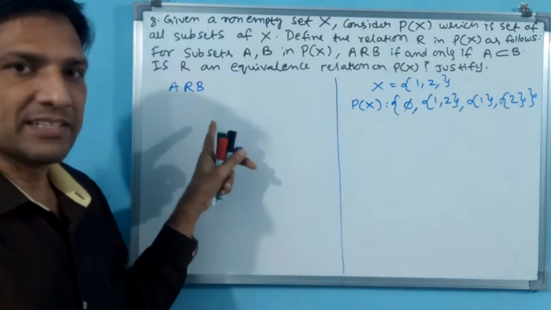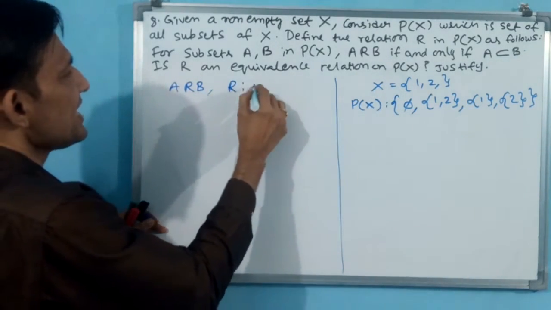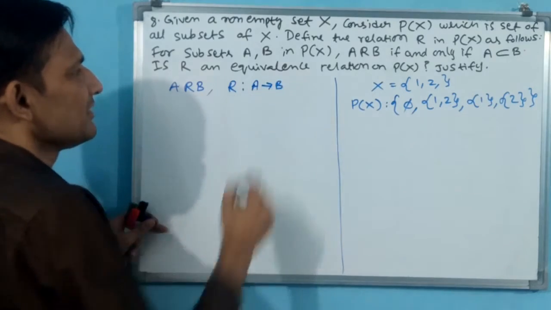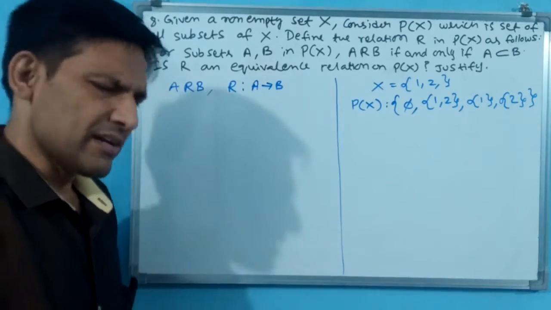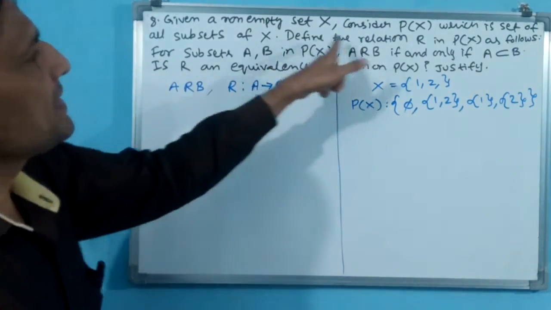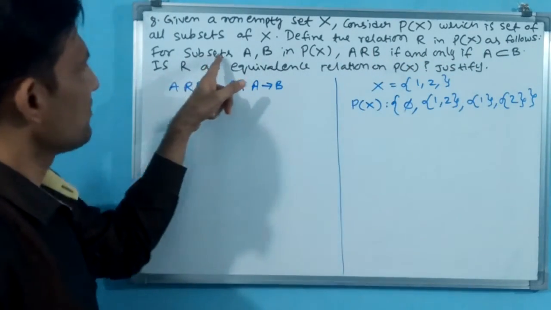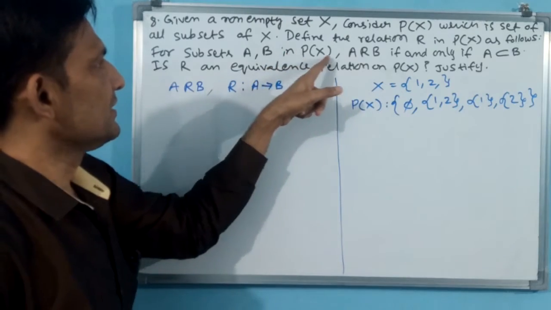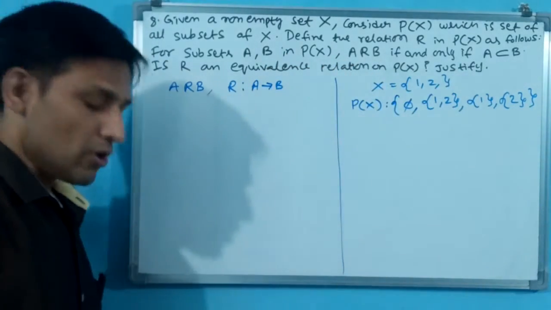Or you can write it like a function A to B. Define the relation R in this power set as follows. For subsets A, B, that is A R B, if and only if A is a subset of B. That you have to keep in your mind.